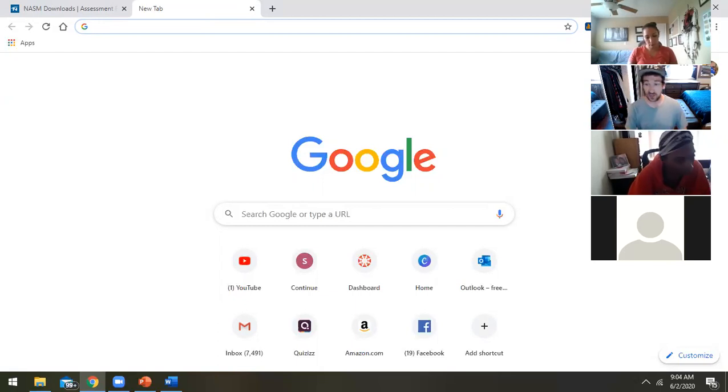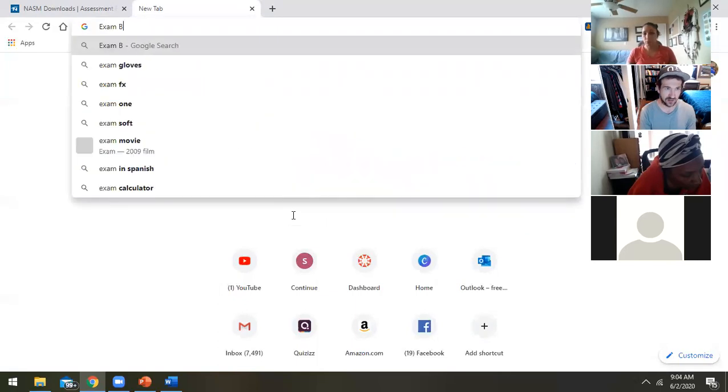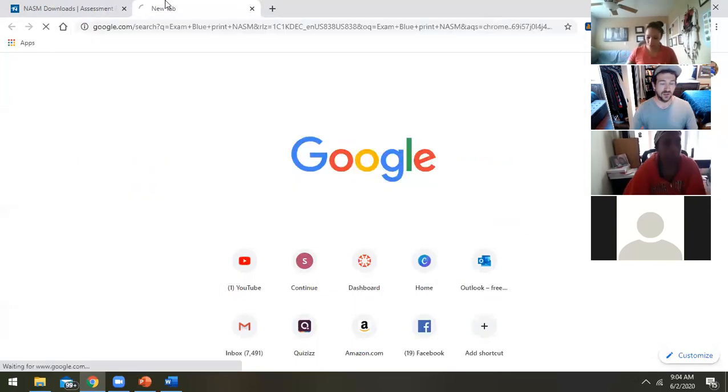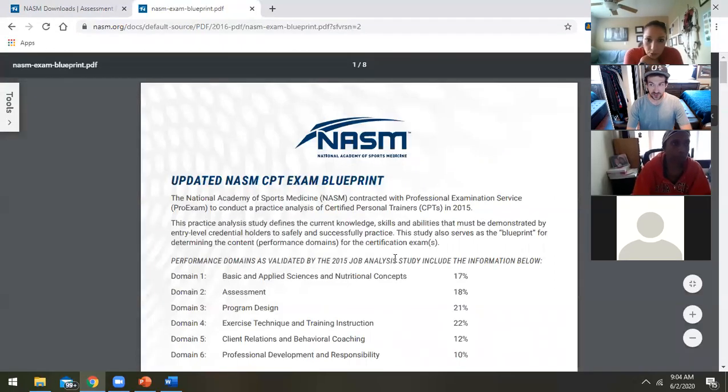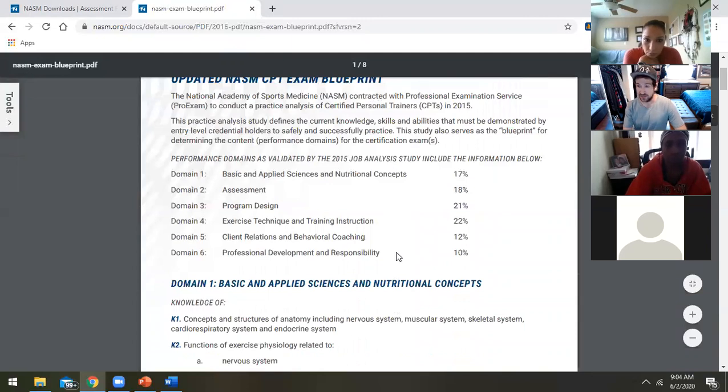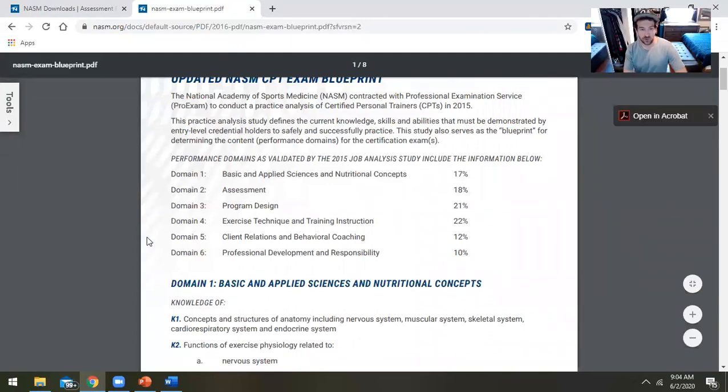But one of the other things on there is also the exam blueprint. So take a look here, guys. This is NASM's exam blueprint. It's going to show you where the questions come from in your NASM exam. Domain 1 is basic and applied sciences with nutrition.